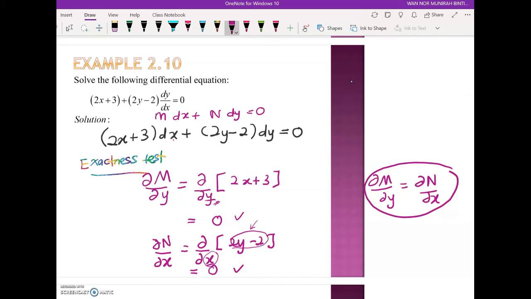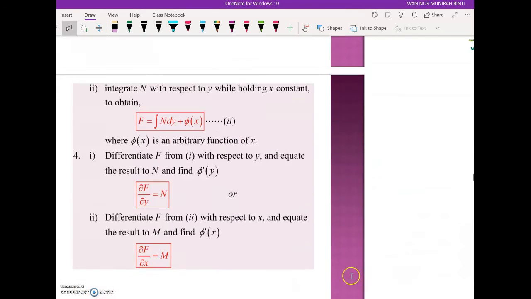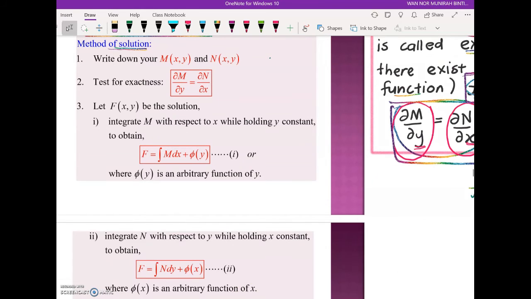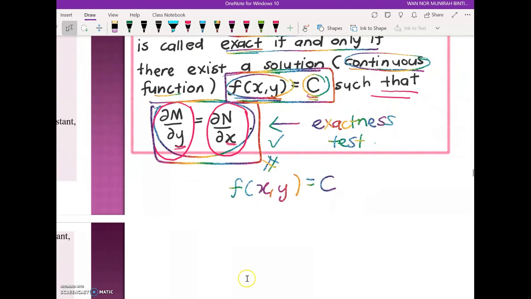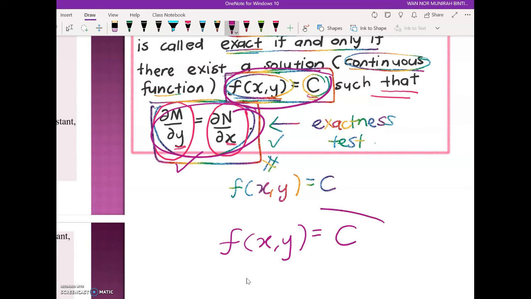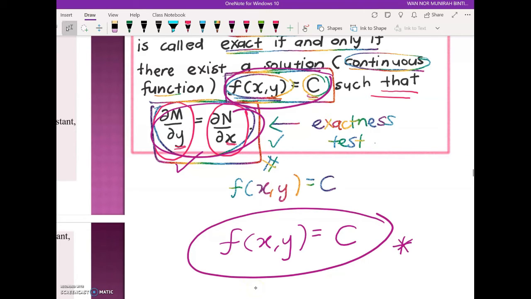Back to the definition, the exactness test is fulfilled, so we can have a solution, which is a continuous function f(x,y) equal to a constant. This is our solution. Bear in mind that this must always be our solution. This is the one that we want to find after this.